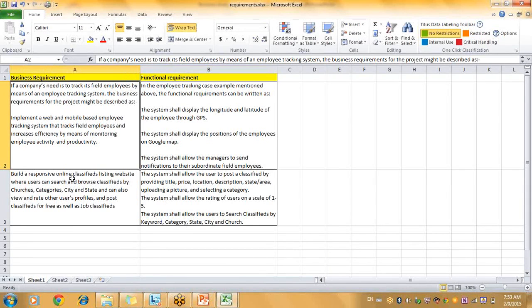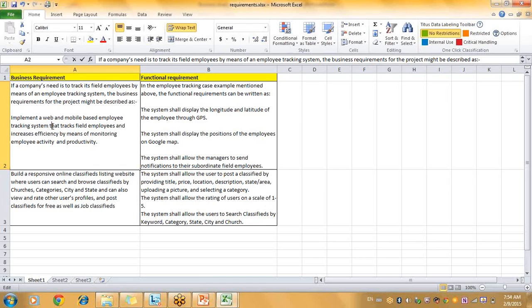So from a company's point of view, how will they give it to you? They say, hey, implement a web and mobile-based employee tracking system that tracks the field employees and improves efficiency by monitoring employee activity and productivity. I have taken a random example just to show you, right? If you study the requirement, it stated everything.